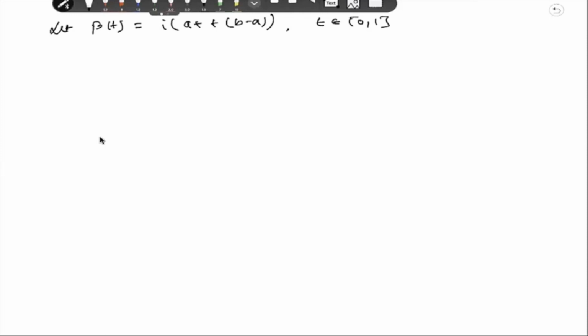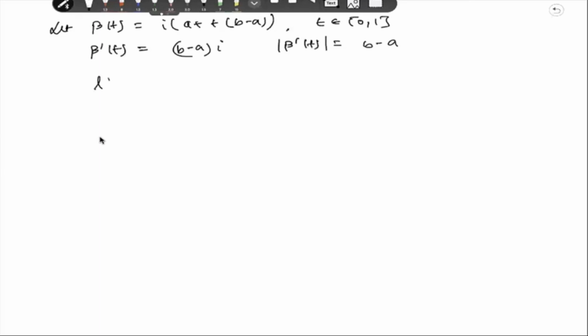I'm just taking the convex combination of iA and iB. So beta prime(t) is equal to (b minus a) times i. So the modulus of beta prime(t) is equal to b minus a.